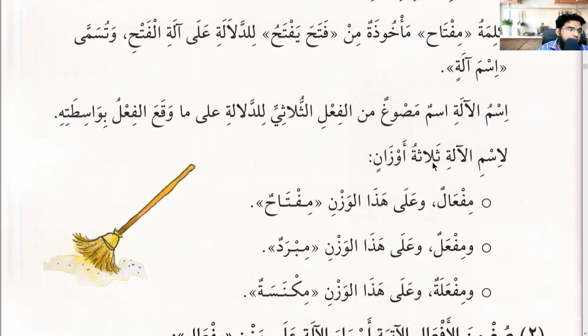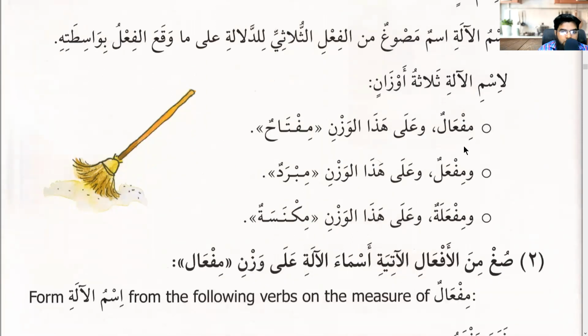لاسم الآلة ثلاثة أوزان. For the noun of instrument, there are three أوزان, three patterns. Remember in the previous lesson we learned maf'al and maf'il. I told you in the last class also, it is maf.